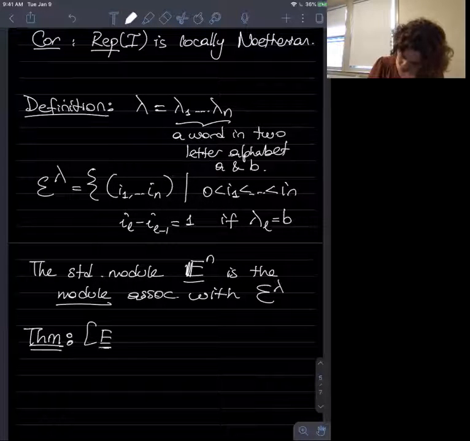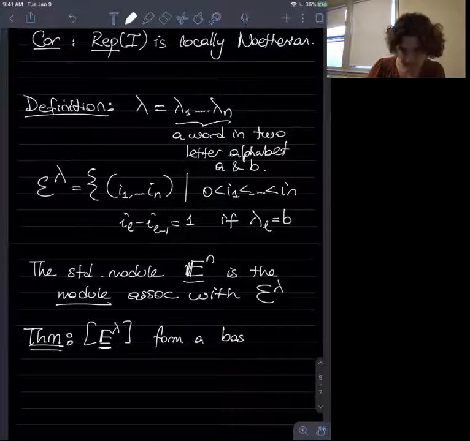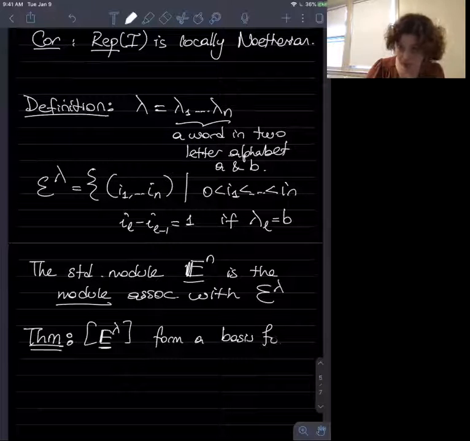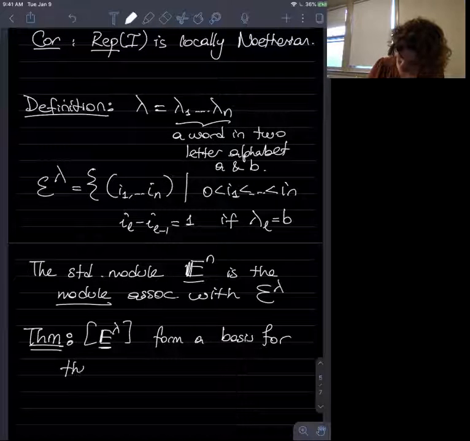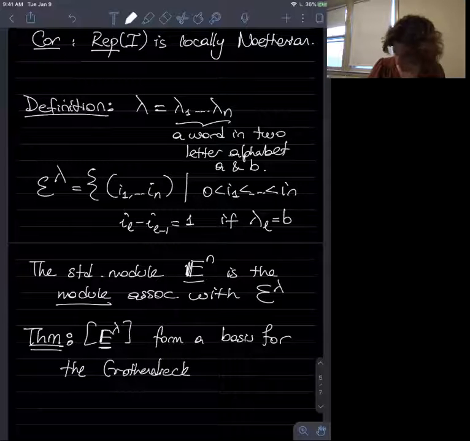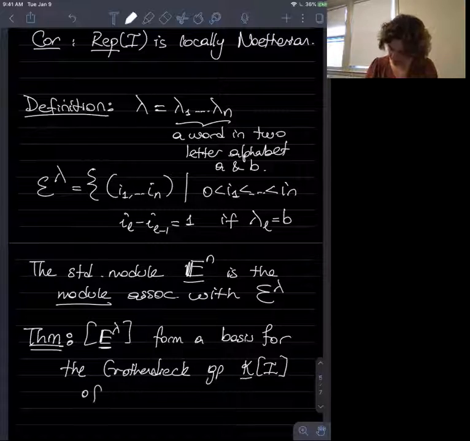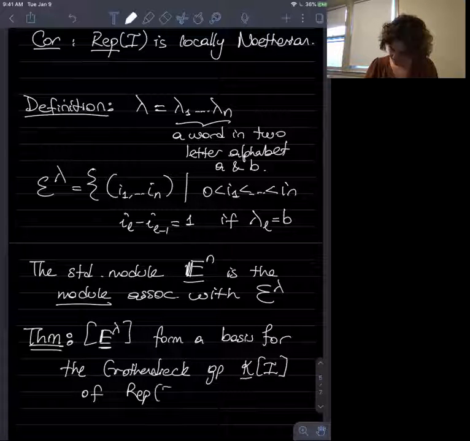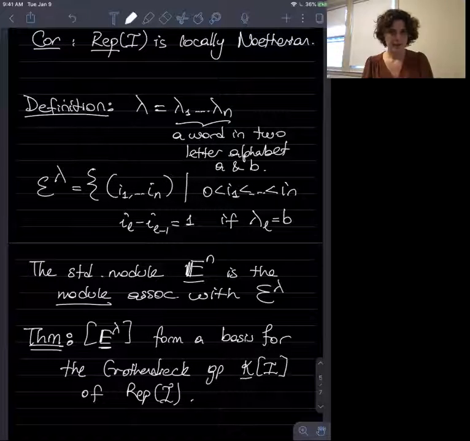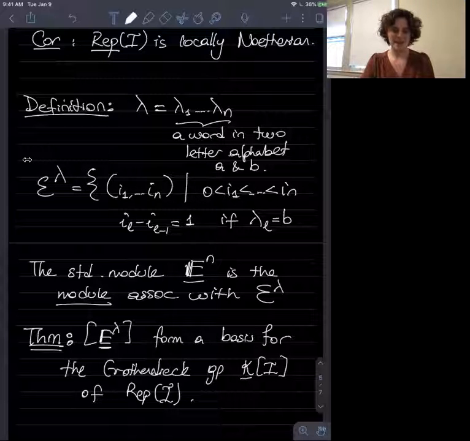The classes of these standard modules form a basis for the Grothendieck group. Again, similarly for the smooth case. Okay, so I already went a couple of minutes over time, so let me stop here. Thank you.